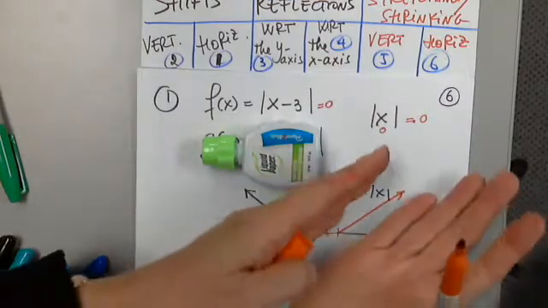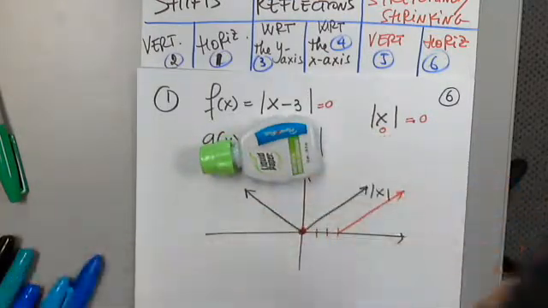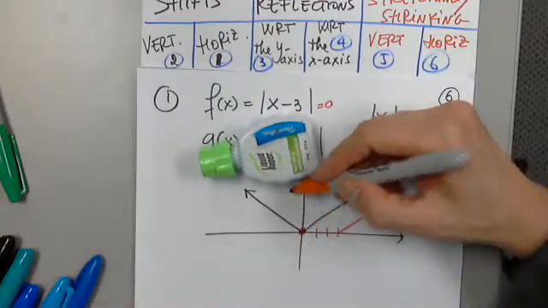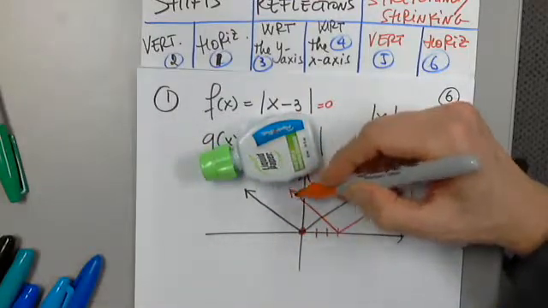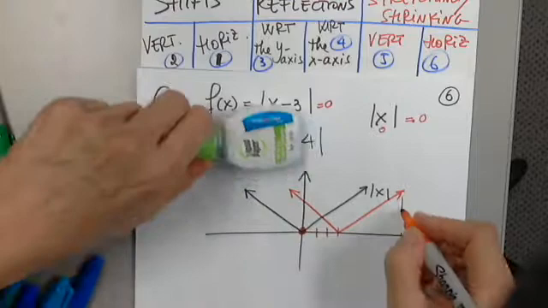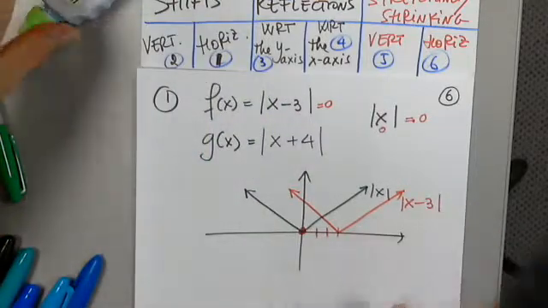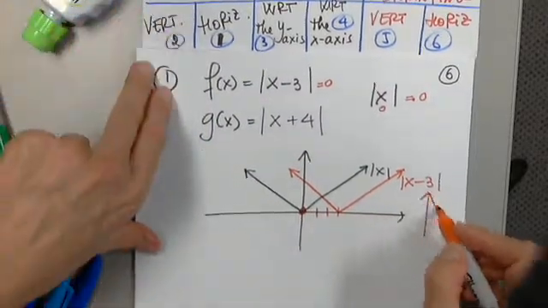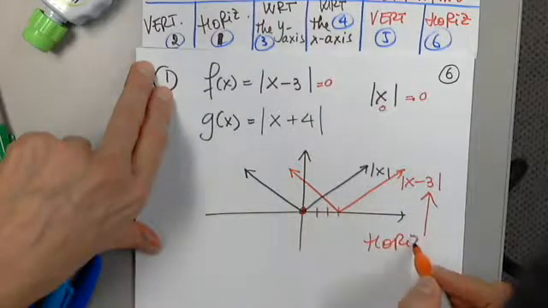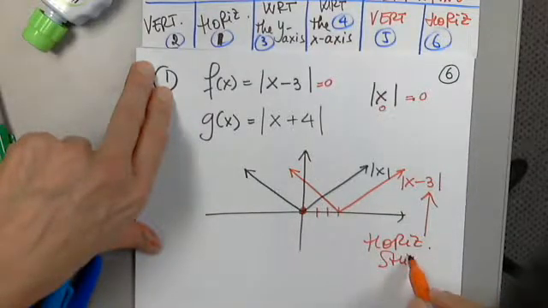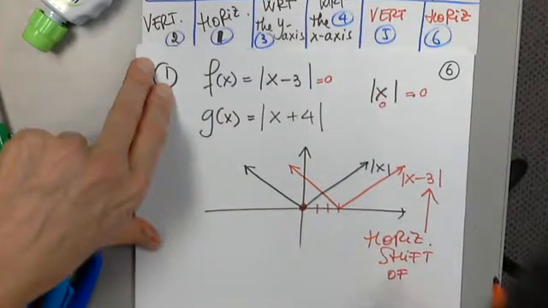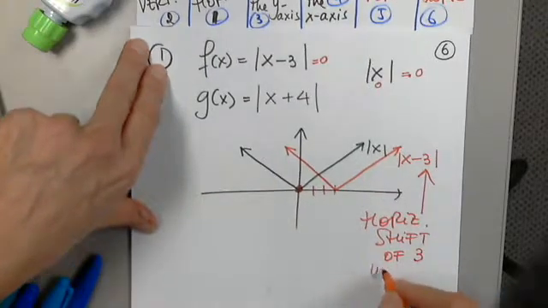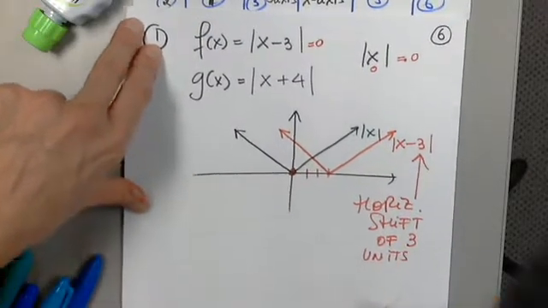Make sure that these 2 lines are parallel. And make sure that these 2 lines are parallel. And this will be the absolute value of x minus 3. This is a horizontal shift of 3 units to the right.